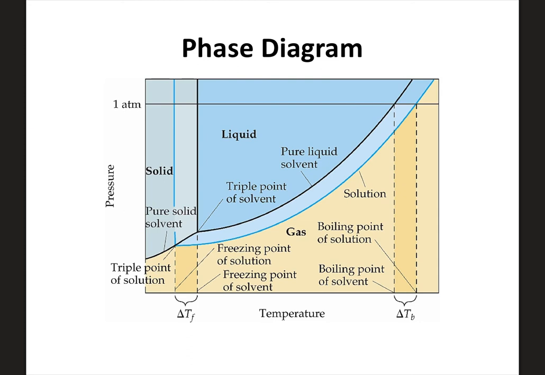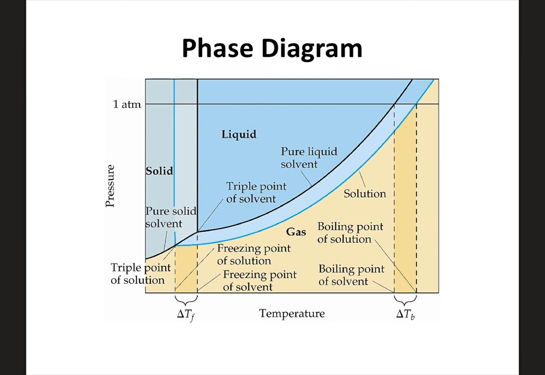All right, so you can see here the actual area that would take place. But if you notice, when you form the solution, the freezing point would be here as you go from the liquid to the solid form. So this difference between those two lines would be your change in temperature of the freezing point. And then you can also see the same thing for the boiling point elevation.